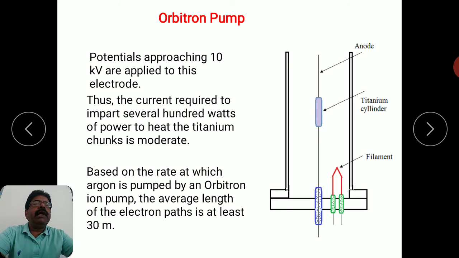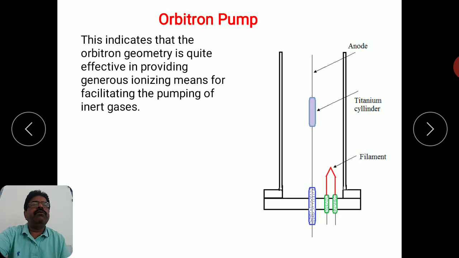It doesn't mean that the pump length should be 30 meter, but the orbital path of the electron should be at least 30 meter. Several such orbitals will constitute the required path length. So the orbitron geometry is quite effective in providing generous ionizing means for facilitating the pumping of inert gases.